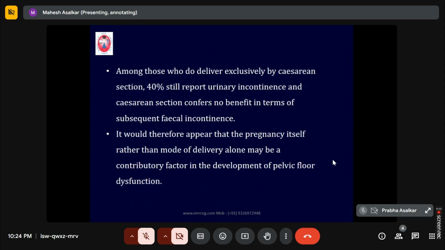It would therefore appear that the pregnancy itself rather than mode of delivery alone may be a contributory factor in the development of pelvic floor dysfunction. So it is the gravid status itself that is contributory rather than the mode of delivery, because even cesarean section does not have a protective role.